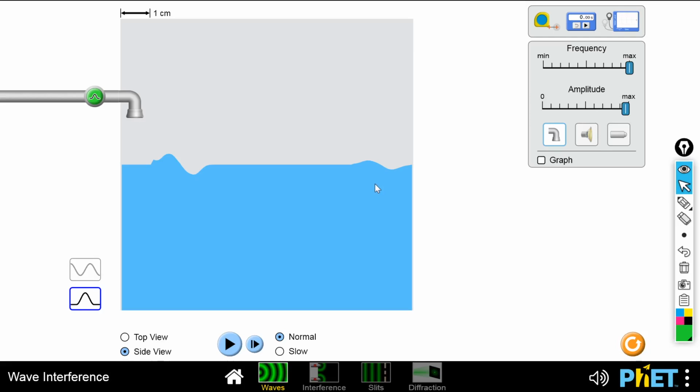Now in this case, what we have is a transverse wave. The wave is going from the left to the right, but the amplitude of the wave is going top to bottom, so it's at a right angle. That's what we call a transverse wave.